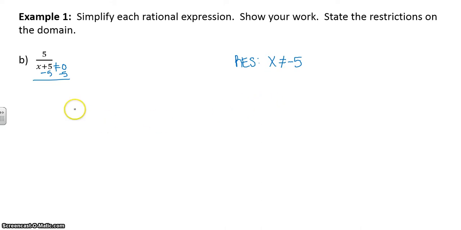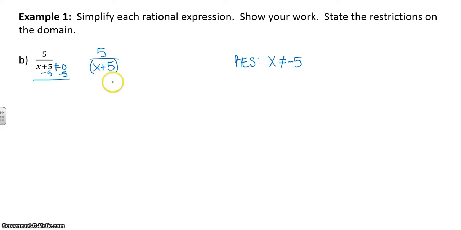Okay. Now, third step is to try and cancel some things. Now, please, please, please, and your Algebra 1 teacher would be very, very sad if you tried to cross out the 5s and say that your final answer is 1 over x. That does not work. Okay, you have 5 on top and then an x plus 5 on the bottom. Remember I said if you ever see a plus or a minus sign, those are parenthesized. Those have invisible parentheses around them.